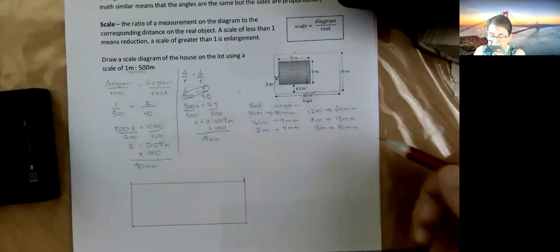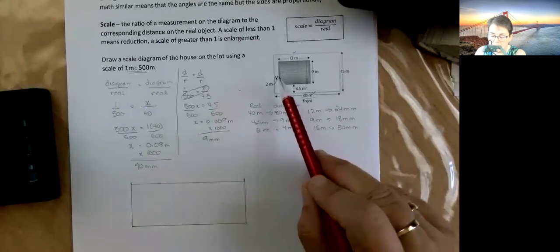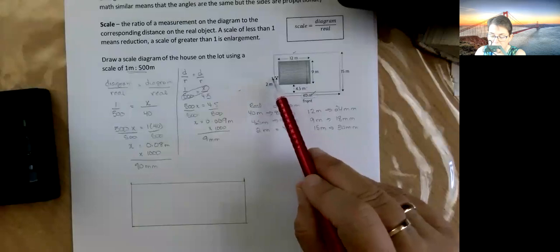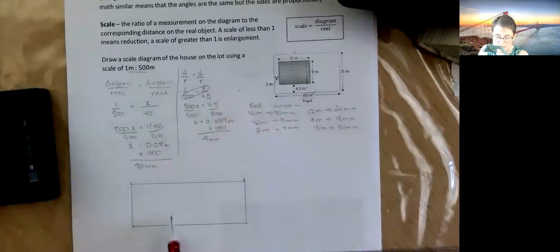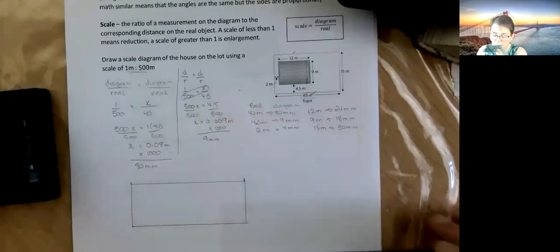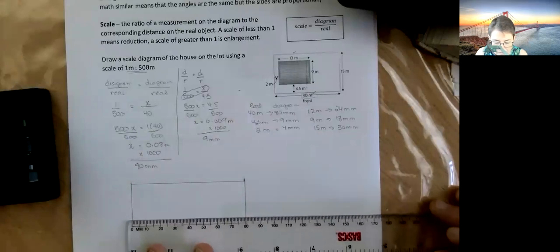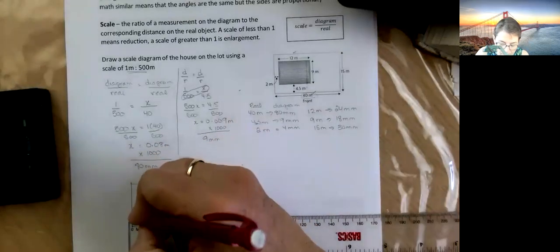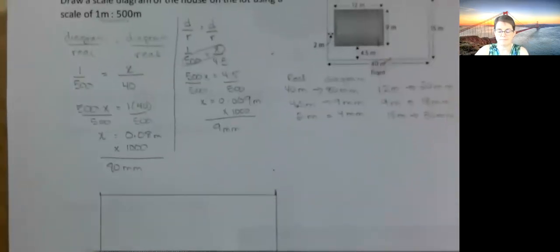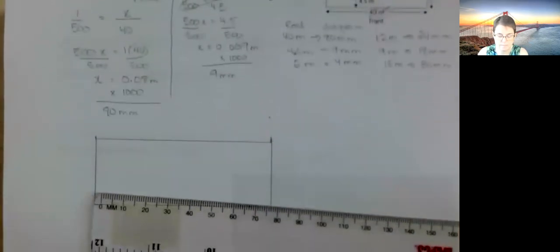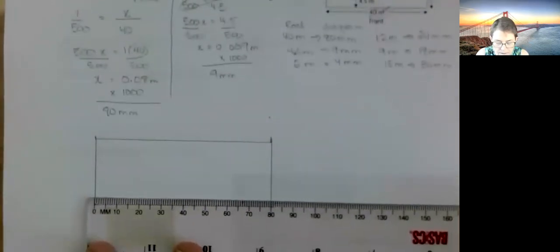All right. Now, this one coming in from the side. So the house is going to be over here. The 2 meters is 4 millimeters in. So I put my 0 there.